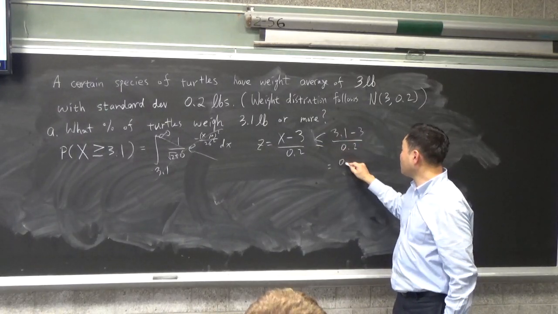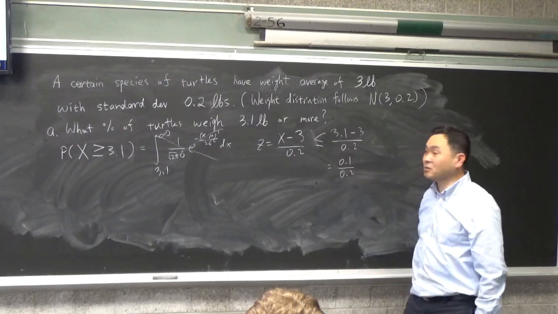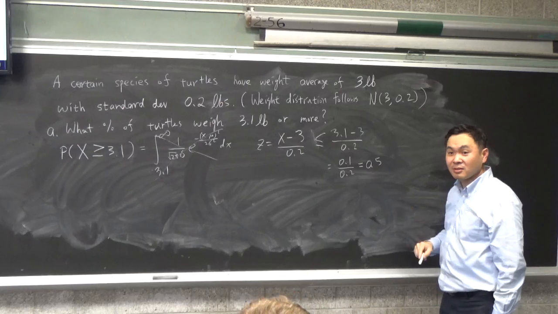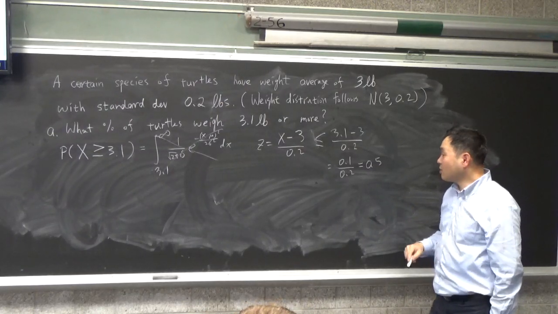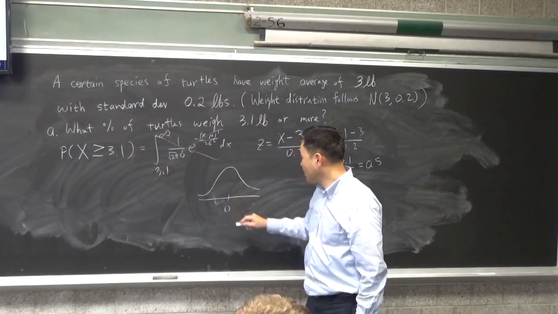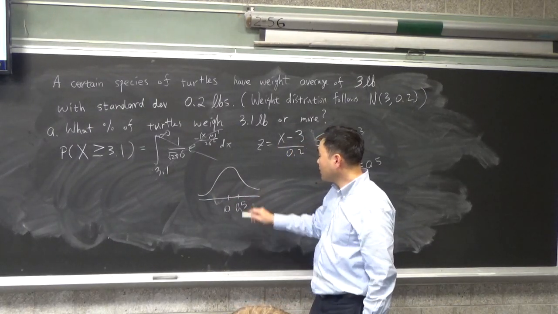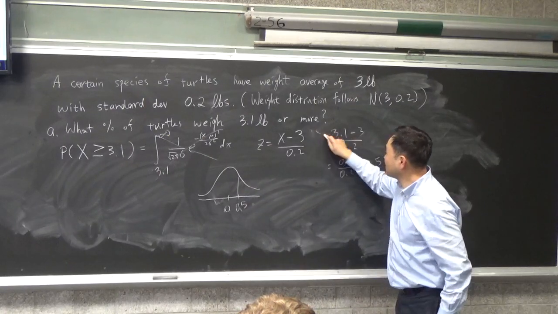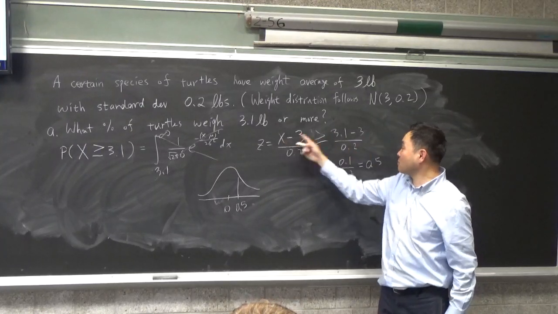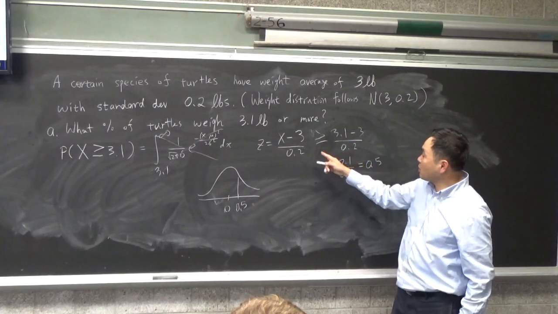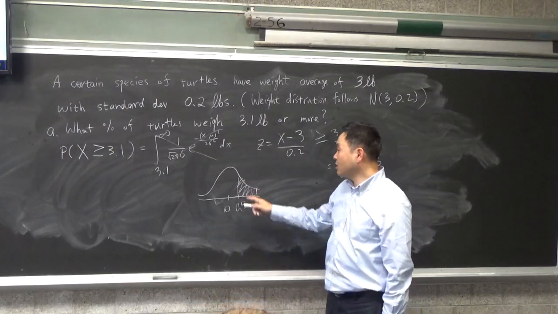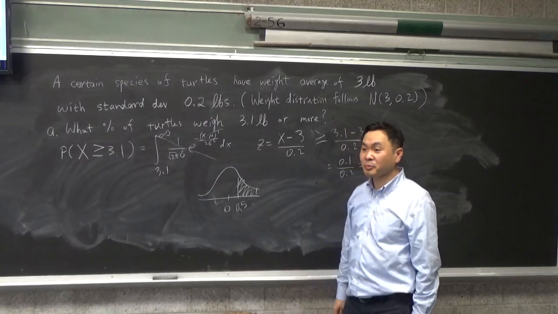This is 0.1 divided by 0.2, which is 0.5. Okay? So here's a normal distribution, and here's 0.5, and we want x bigger than 3.1. So this is asking us to find this area in the standard normal distribution.